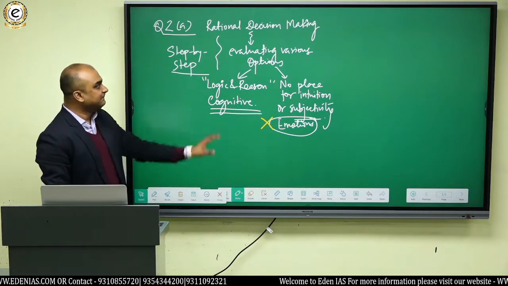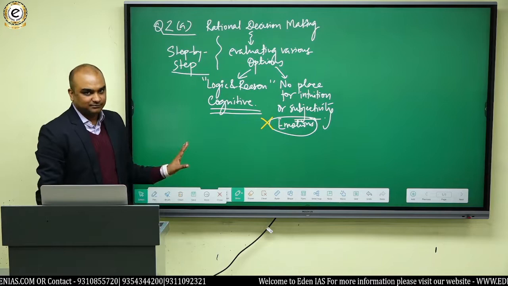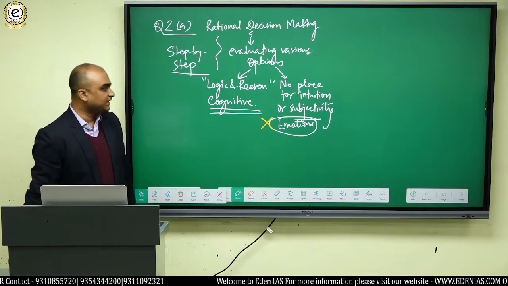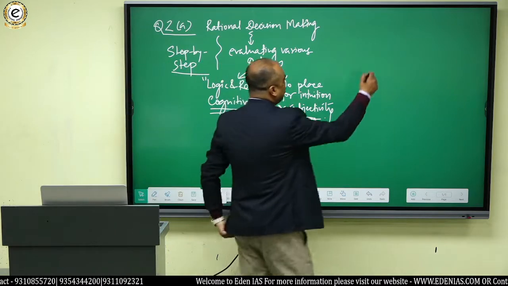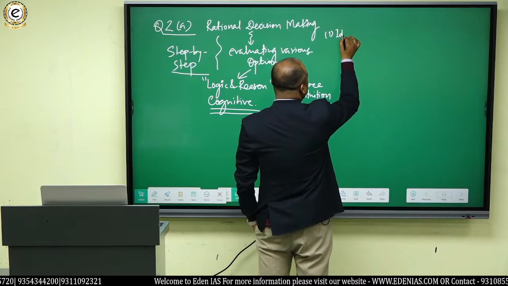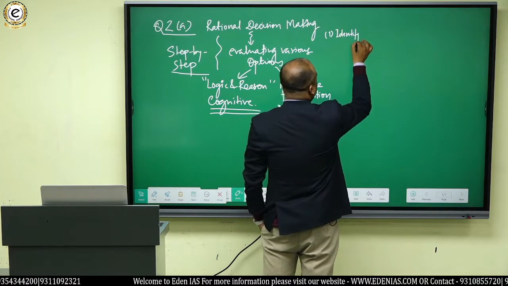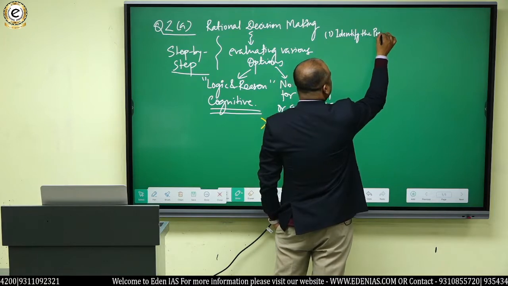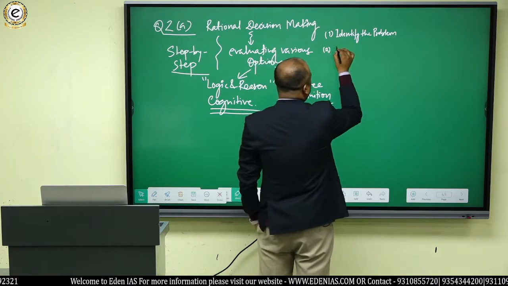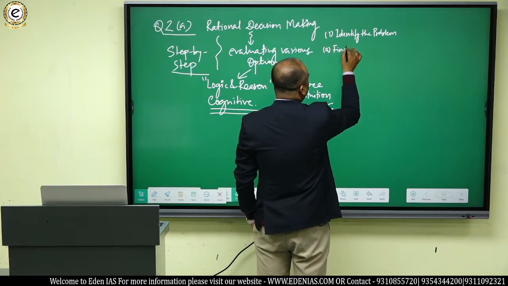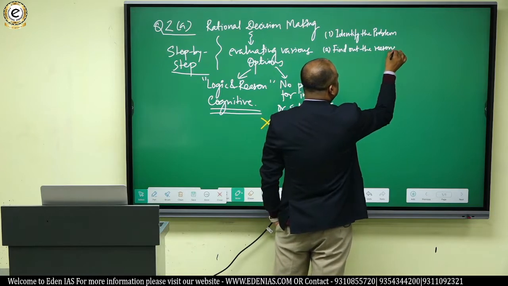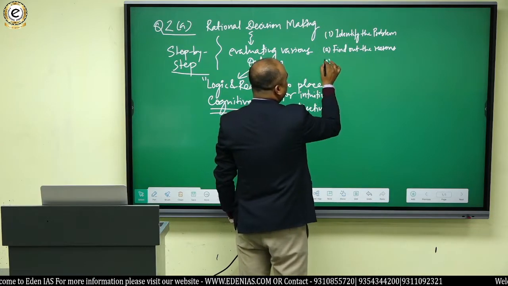Do you understand that? Now, when I say that this is a step-by-step process, what are the different steps in rational decision making? Let's try to identify these steps. So the first step is where we identify the problem. That's the first step in rational decision making. Then we find out the reasons that create the problem or feed into the problem.